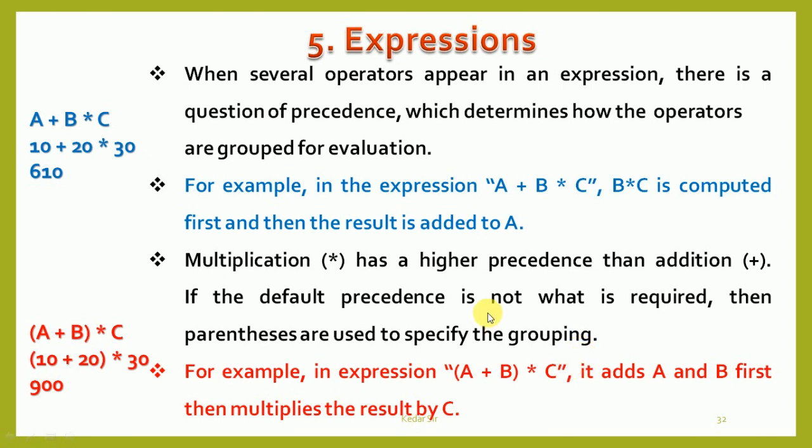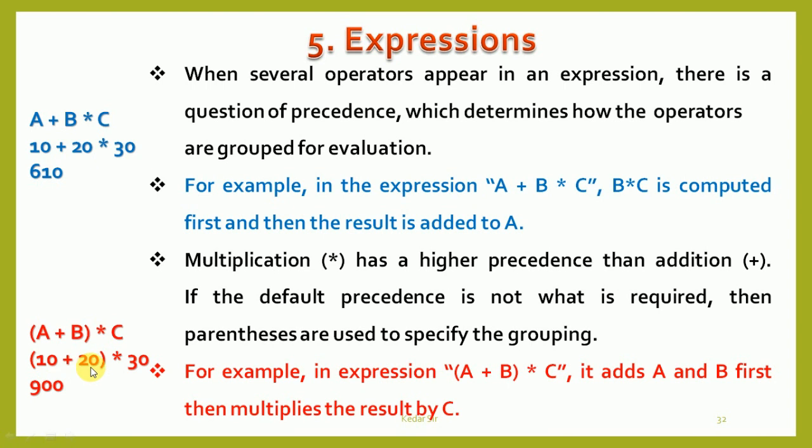And so you can specify it by using the round bracket. For example, in the expression in brackets a plus b, multiplied by c, it adds a plus b first, for example 10 plus 20, and then multiplies the result with c.